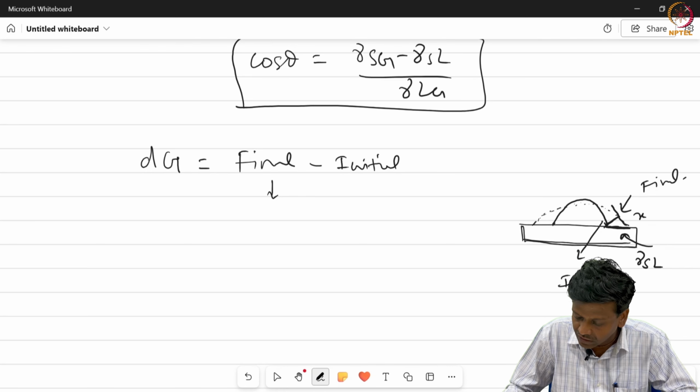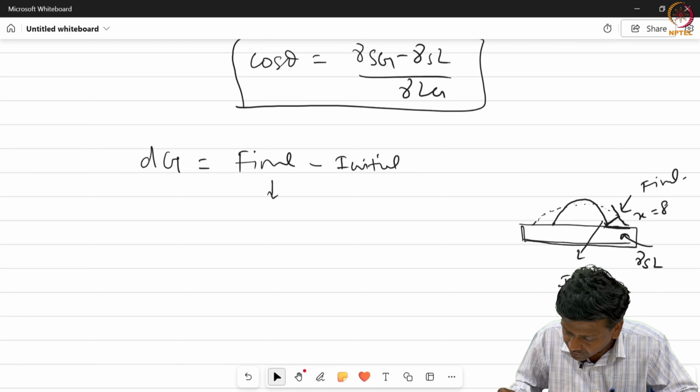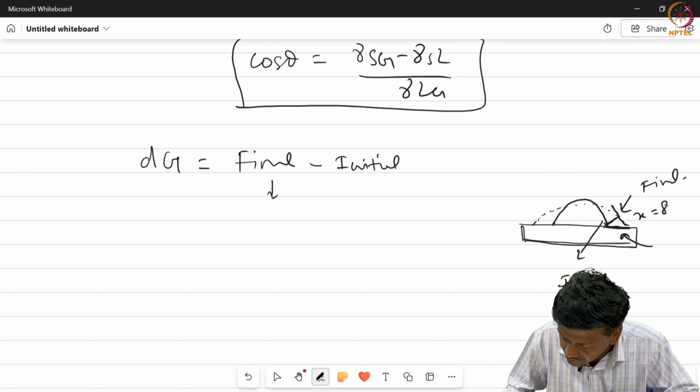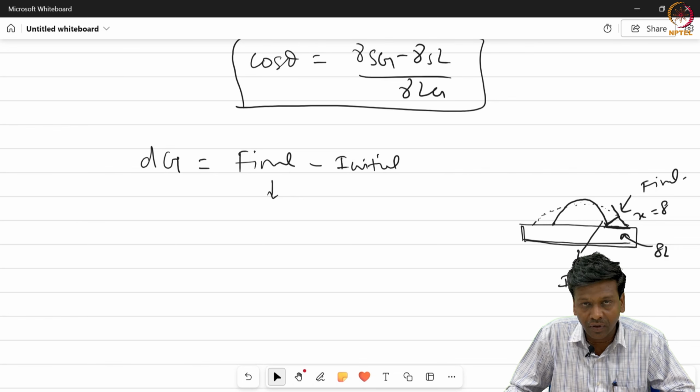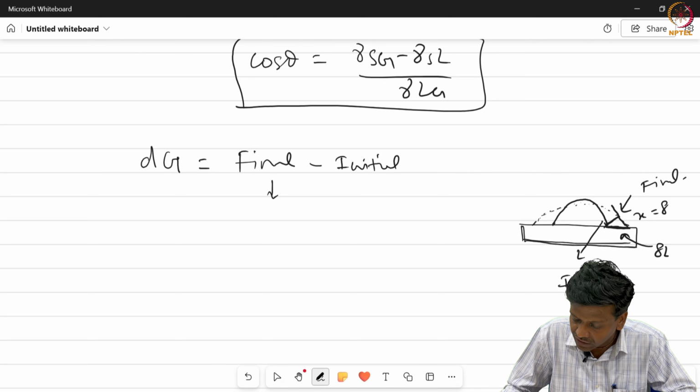If I say this length, the change in length, is delta L, then the increase in area due to the spreading of the droplet is delta L cos theta.